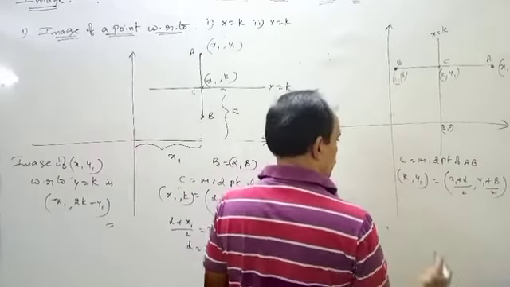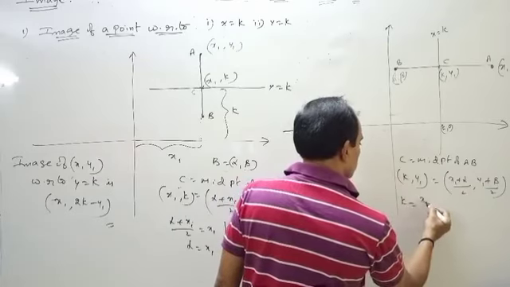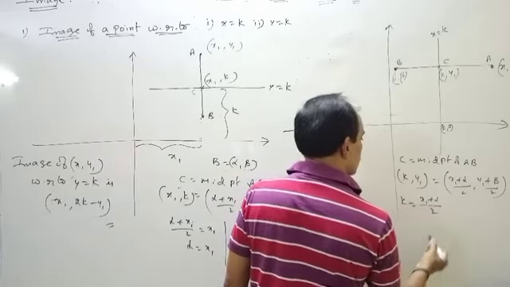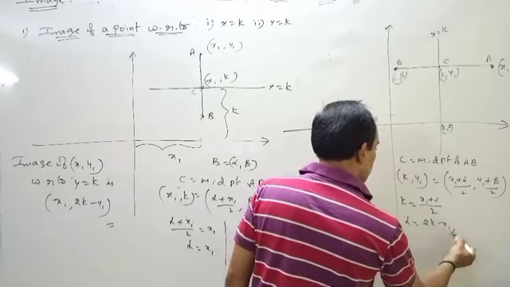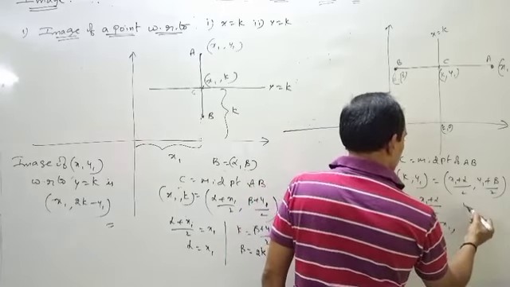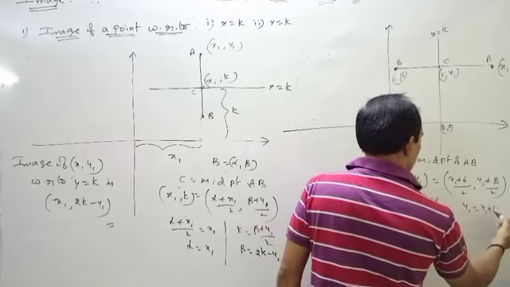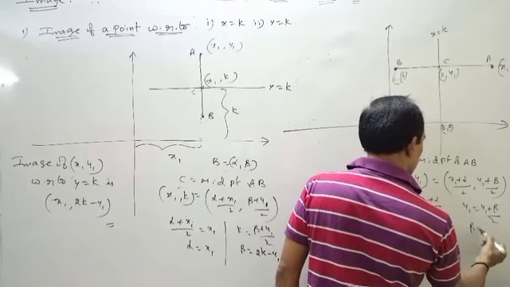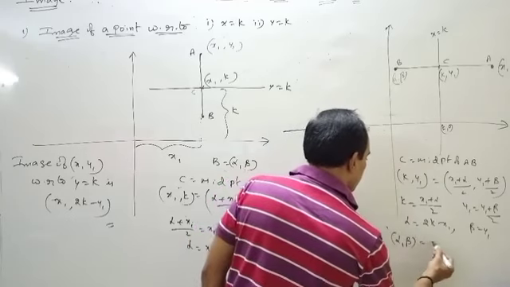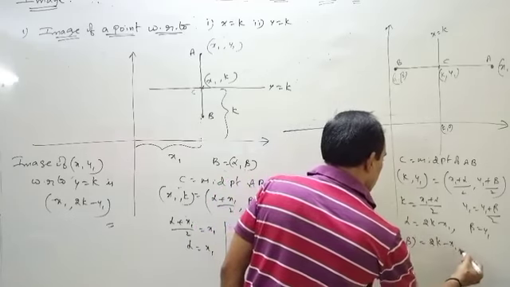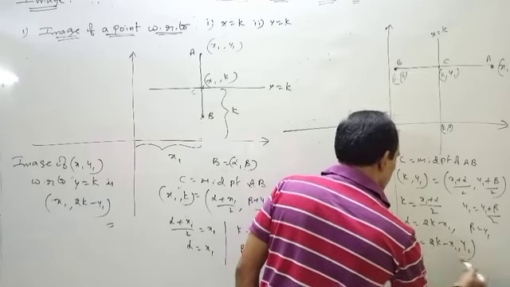Now here k is equal to (x1 plus alpha)/2. That means alpha is equal to 2k minus x1, and y1 is equal to (y1 plus beta)/2, so beta is equal to y1. So now what about alpha comma beta? 2k minus x1 comma y1.